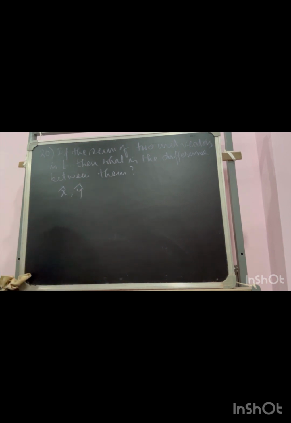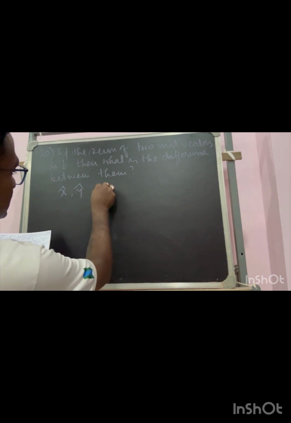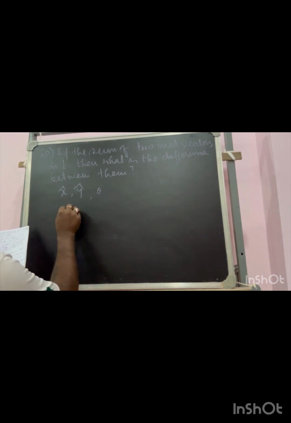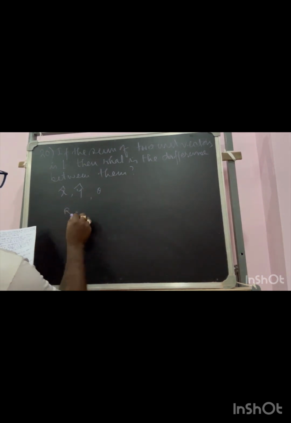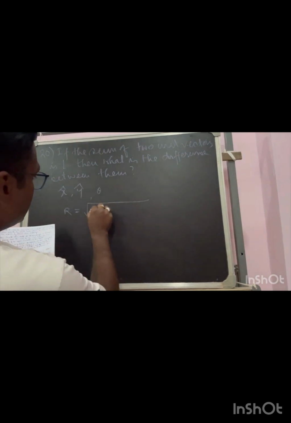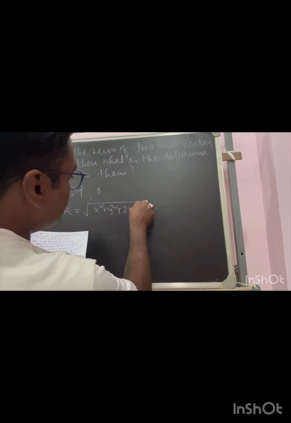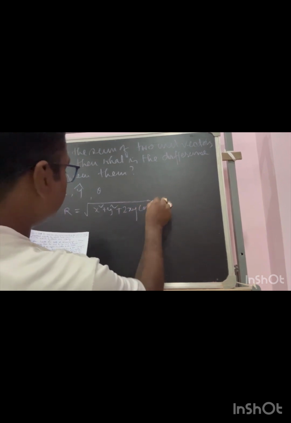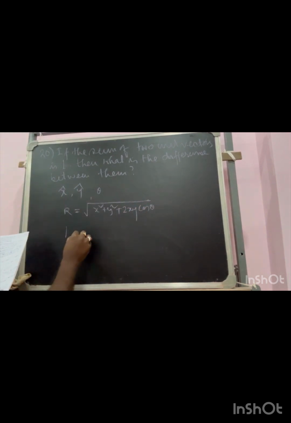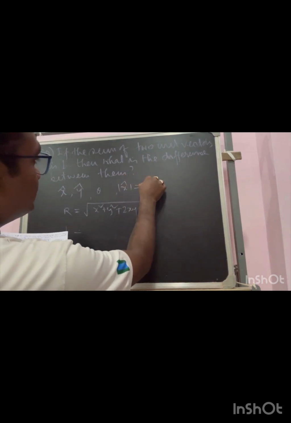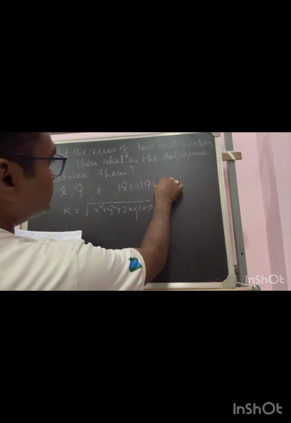So if it is following the parallelogram law, with the theta angle between them, the resultant will be, let's say, x square plus y square plus 2xy cos of theta. So r is equal to 1, and because these are unit vectors, the magnitude of y and x will be 1.